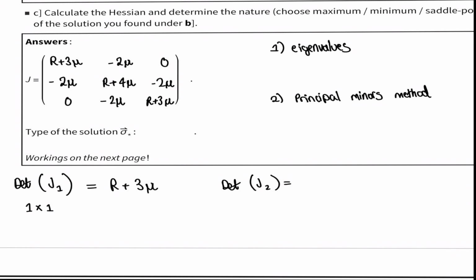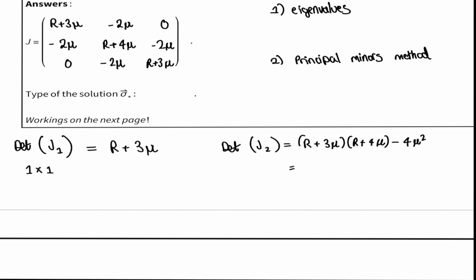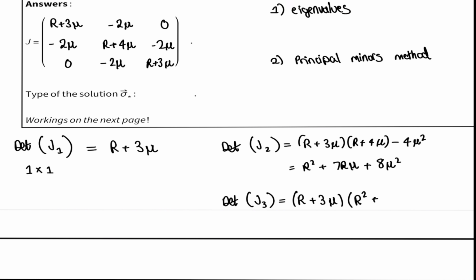So if we work out the determinant, we have r plus 3 mu, r plus 4 mu minus 4 mu squared. When we expand this out, we get r squared plus 7r mu plus 8 mu squared. And then finally, if we look at the determinant of this whole matrix, luckily we did work it out before, it was r plus 3 mu, r squared plus 7 r mu plus 4 mu squared.